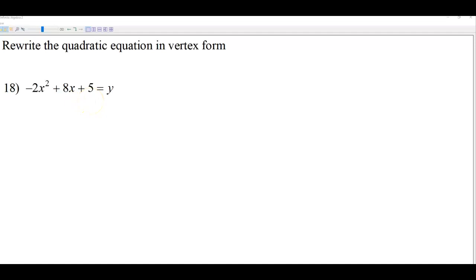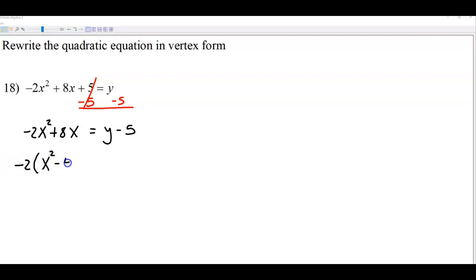I would encourage you guys to get those steps out and look at them because there are a lot of them. The next step is to factor out the a. Divide it out. In this case, the a is -2, so I divide -2 out of both of these and put it on the outside, and that's what I get as a result.